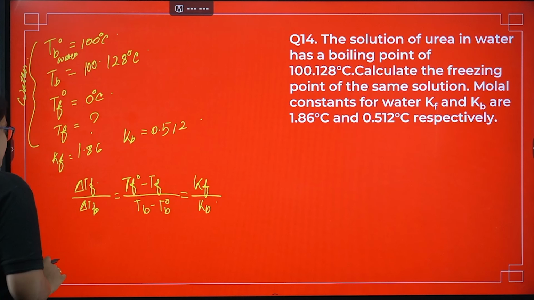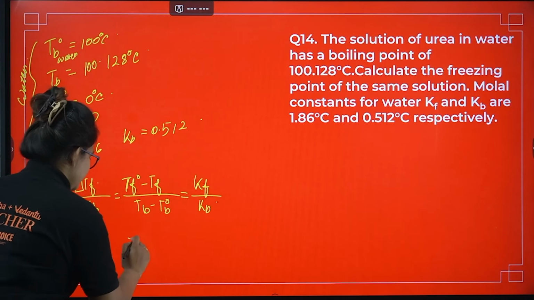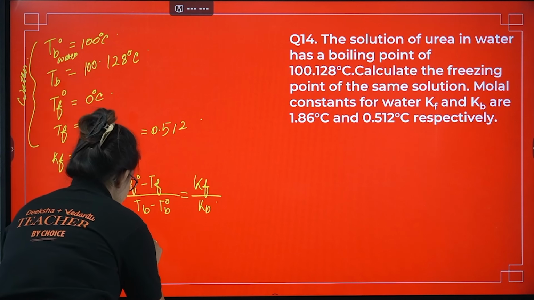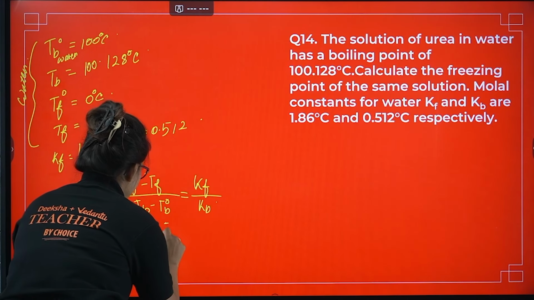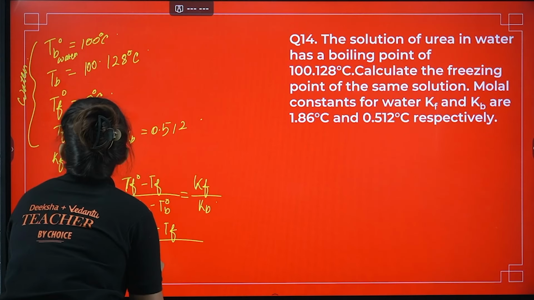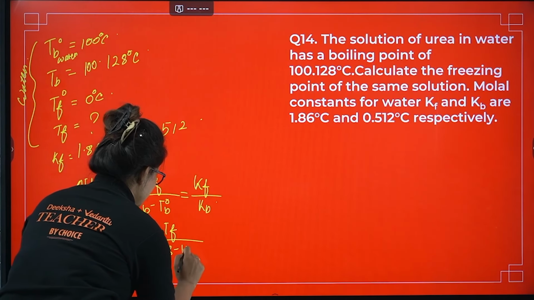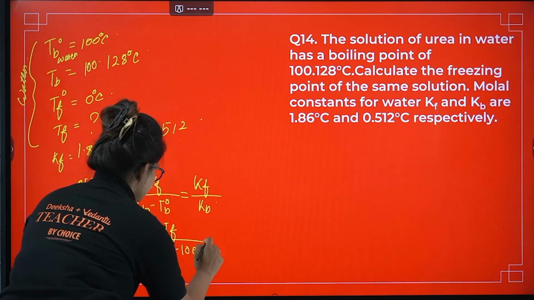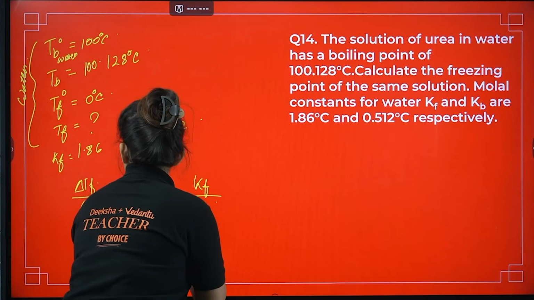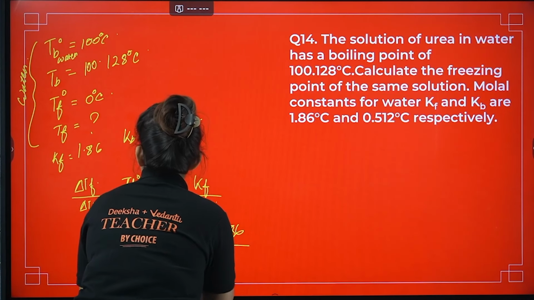Now we just put the values here. Tf naught is 0 minus Tf, which we have to find out, divided by Tb we know, 100.128 minus 100 degrees Celsius, equals Kf value 1.86 divided by Kb value 0.512.